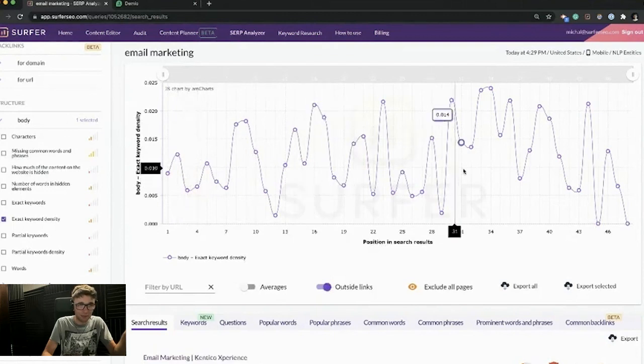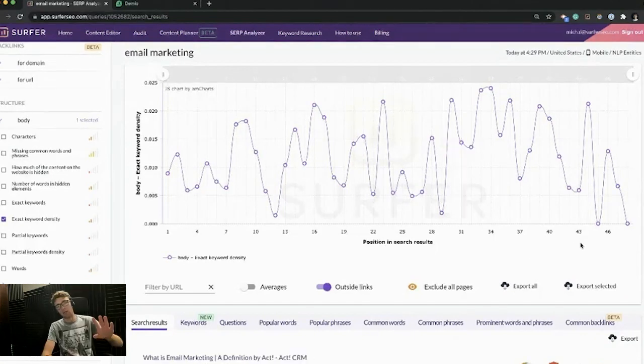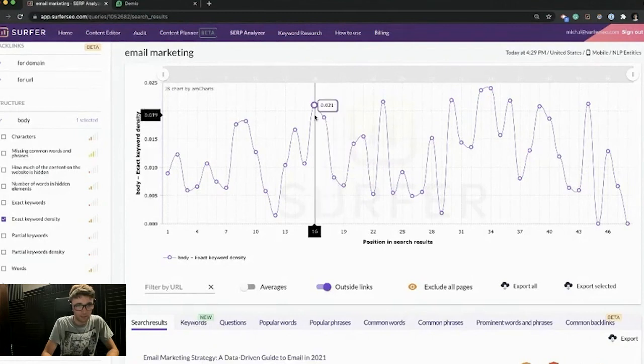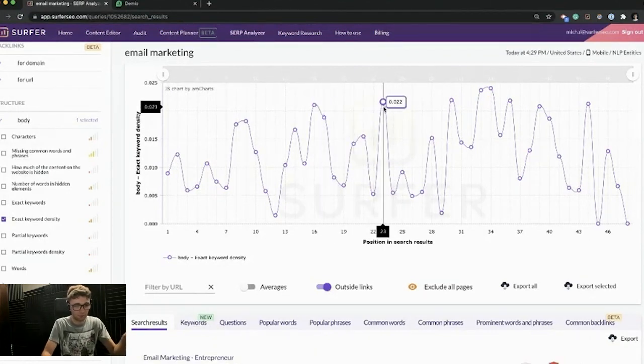And as you can see, there is a trend in this top 10, top 50 search results that tells us more or less that having too high density of this particular email marketing keyword may hurt us, especially like this guy or this guy. They are definitely outliers. They use email marketing too frequently on their pages.